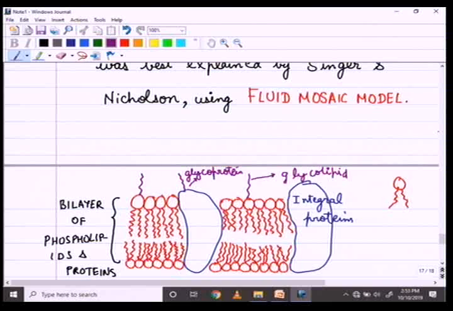I'll explain what it is. Glycoprotein, and the other thing is glycolipid. There is nothing special, you just have to draw a fiber-like structure.